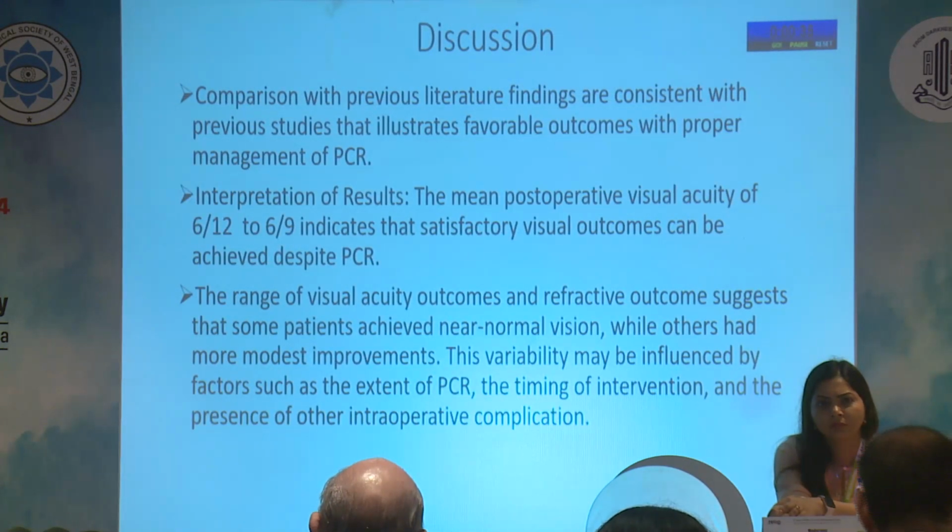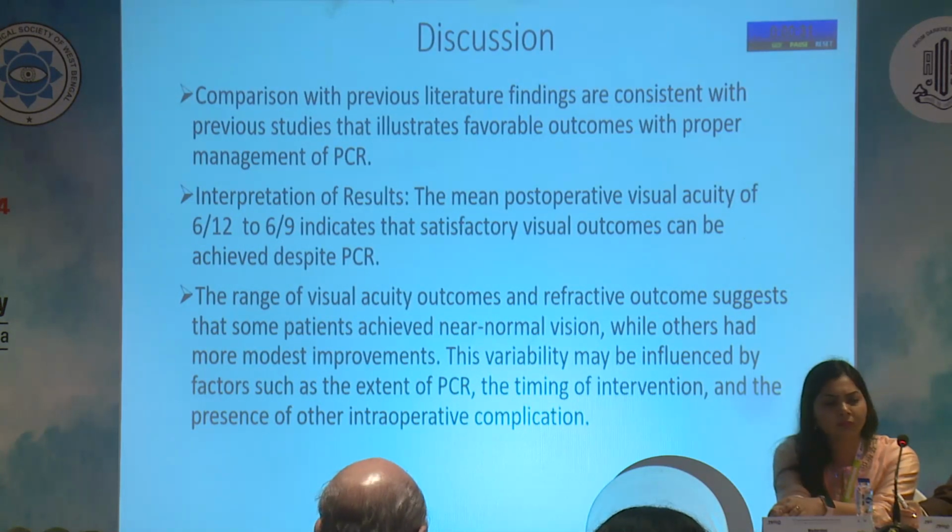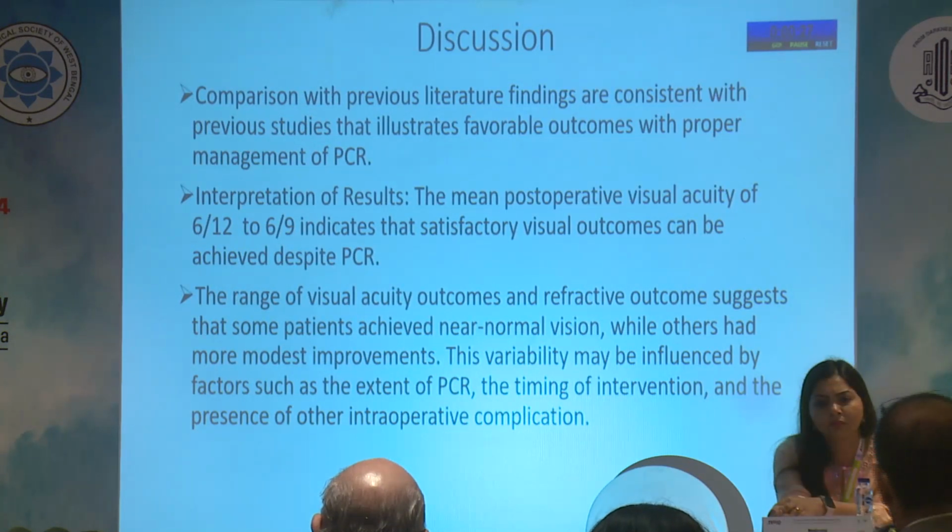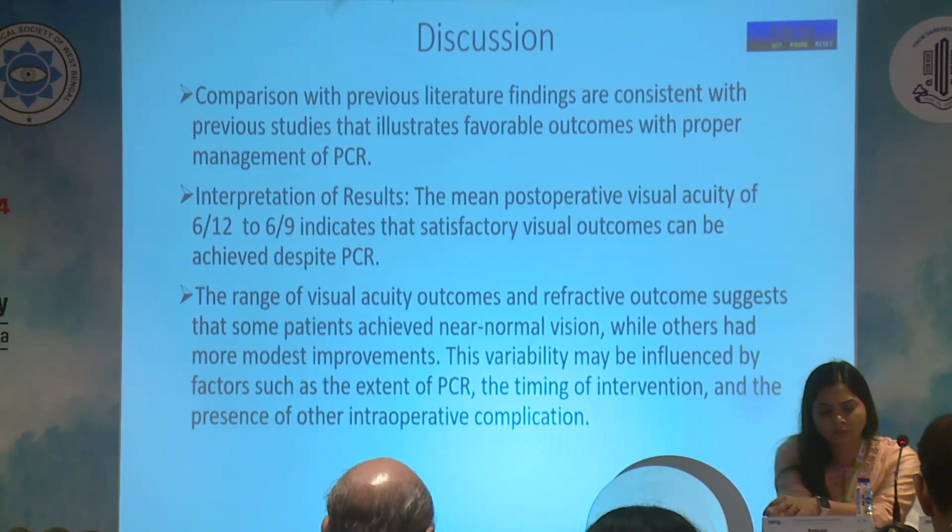Though there is a PCR, we made a little bit of lens correction: in sulcus, we deducted minus 1 diopter from the actual lens power intraoperatively, and in case of iris fixation, minus 1.5 diopter was deducted. The mean postoperative visual acuity was 6/12 to 6/9.